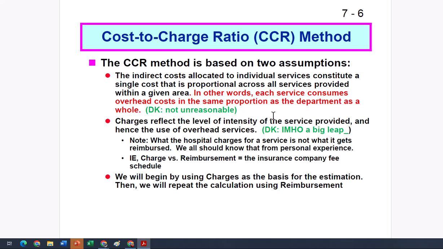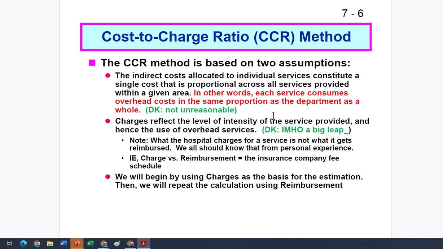So you're using the charge as the basis to allocate the overhead of the department on this theory that the charge reflects the intensity of the service. But as we should know from the first class, the charges are not really tied to reimbursement.